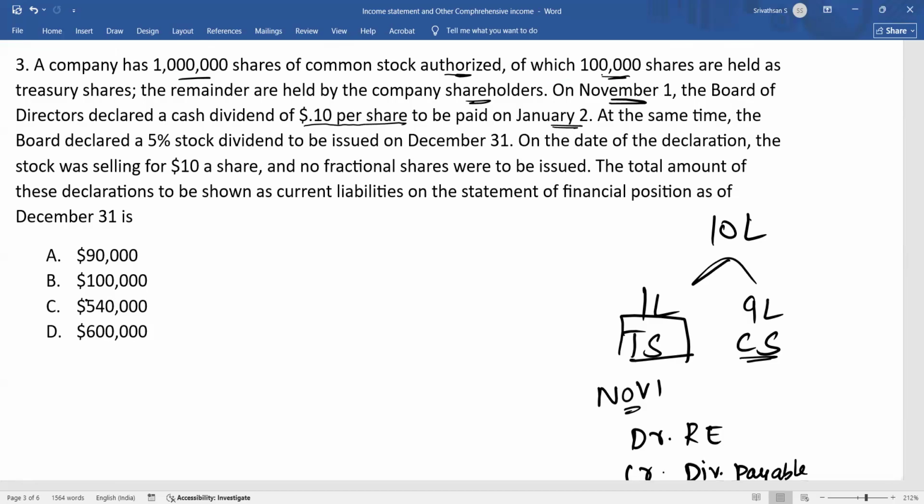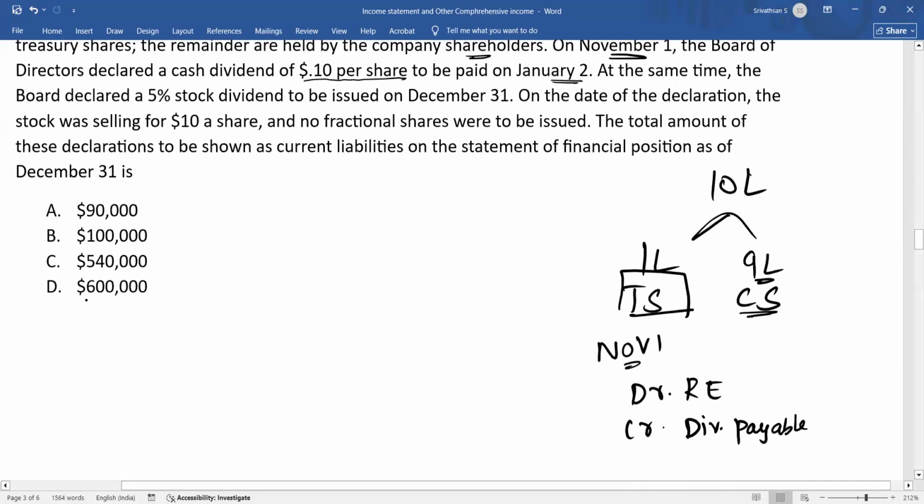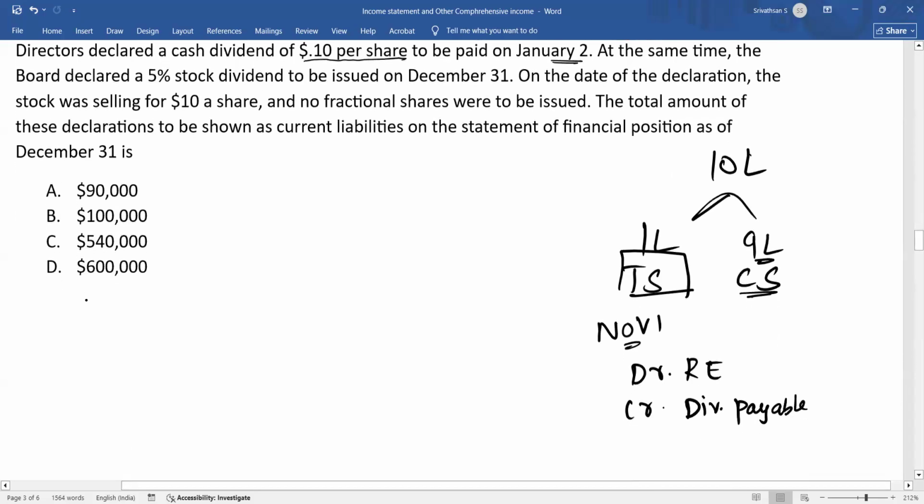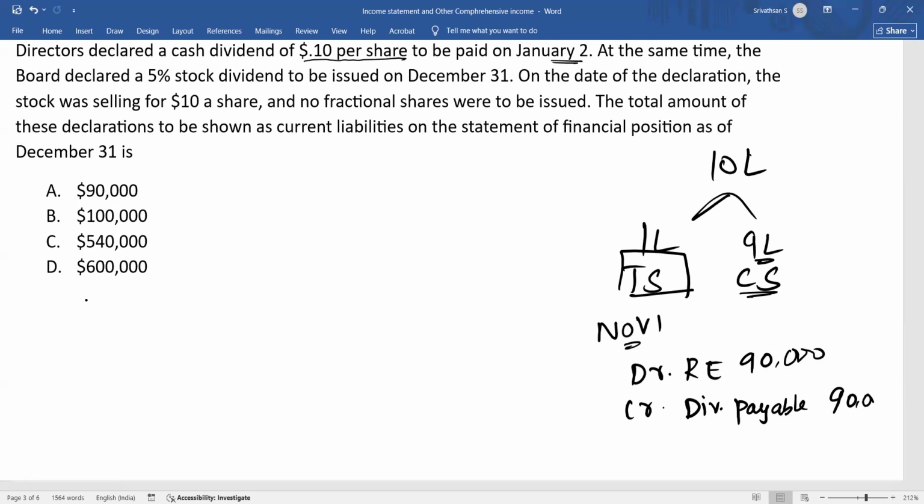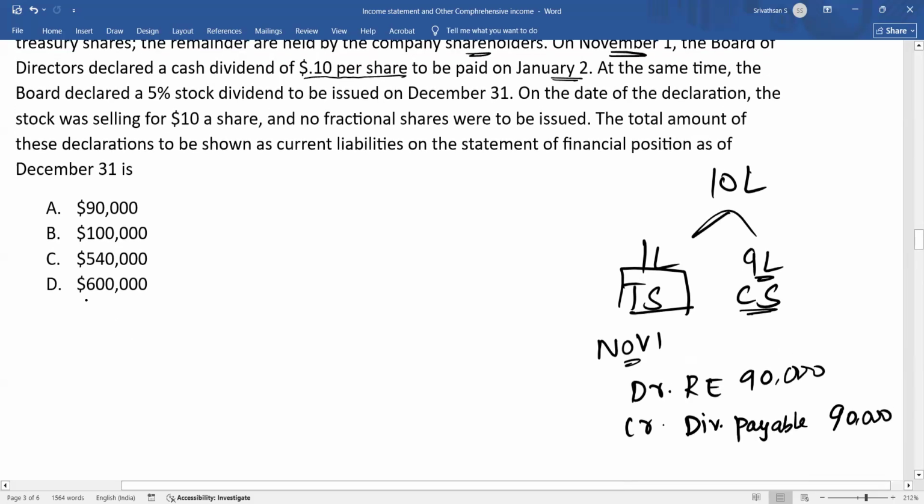So dividend should be paid only to the common stock. 9 lakh shares are held by the shareholders. For each share, we are going to pay $0.1 dividend. So 9 lakh into 0.1, we get 90,000. So debit retained earnings by 90,000 and credit dividend payable by 90,000. This is the journal entry on 1st November.